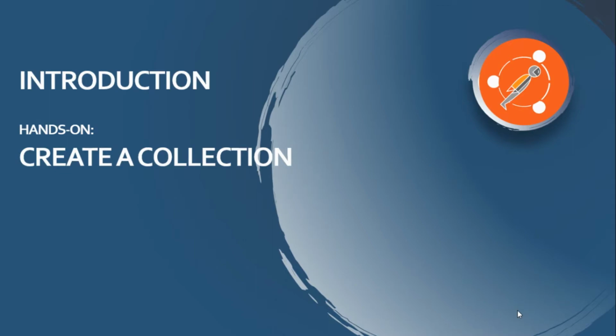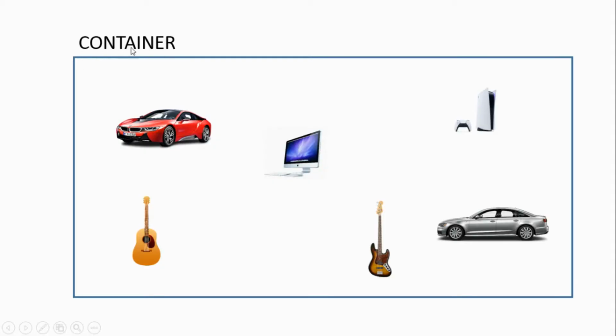So let's go. Okay, imagine that we have here a container, and inside this container we have a lot of products, right? Products by type. We have cars, we have some musical instruments, and we have some PS5 and some MacBook, okay? But you have them just loose in the container.